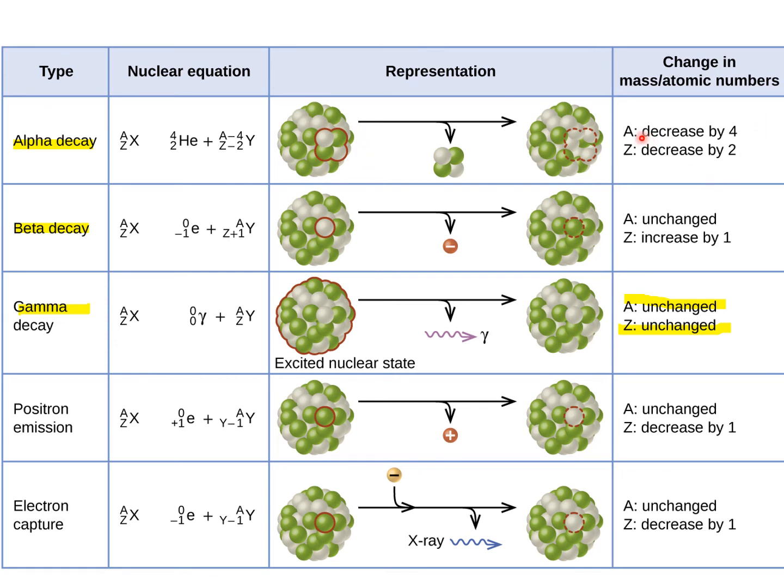So A is going to be four units lower. The atomic number also has changed because I have lost 2 protons. So now I have gone 2 steps back in the periodic table, and I have a different element. Okay, so as I said, all you need to remember are these.